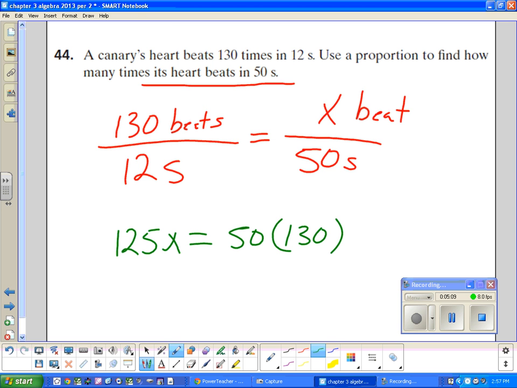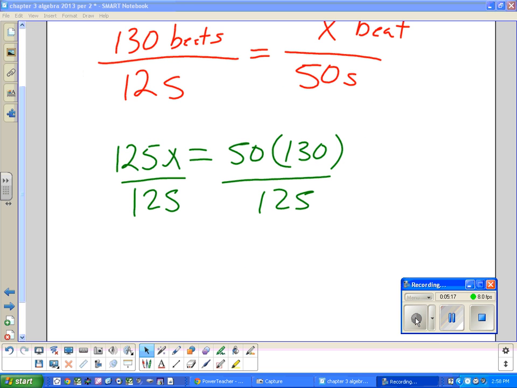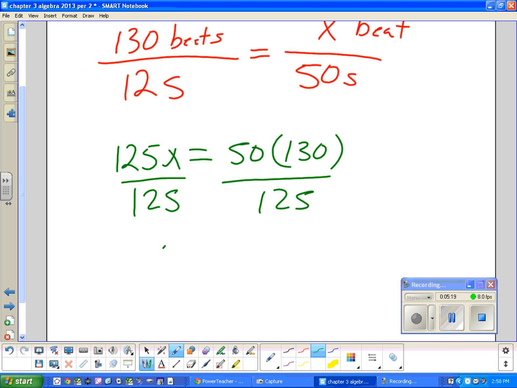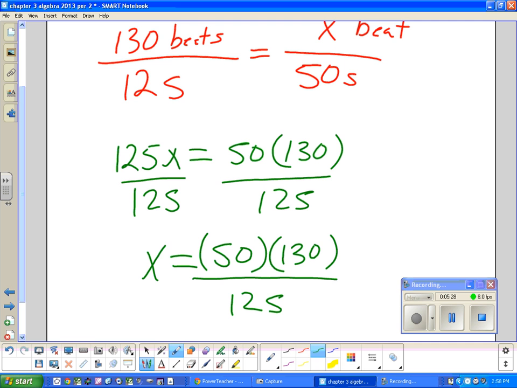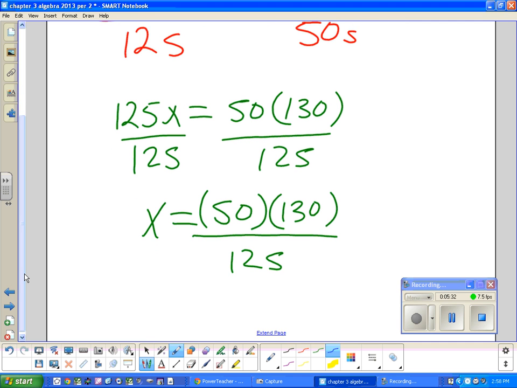And now we're going to divide by 125 to get our answer. So looking at this question here, we are left with 50 times 130 divided by 125. Now, how do we do this without a calculator? Well, 125 is really 5 times 25, or 5 quarters is $1.25.